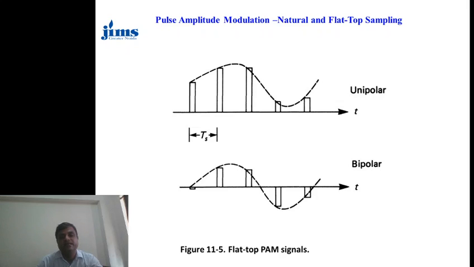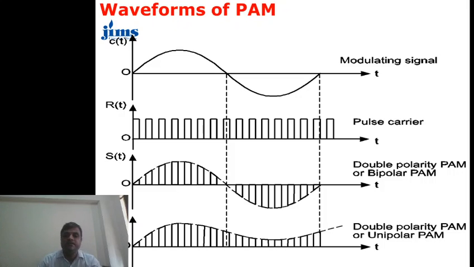Then these are basically the representation of the signal. If the signal is like this, then we call it unipolar because it is in one plane. If it is in both planes, then it is called bipolar. Then again it is the waveform representation of the modulation signal. So C is our information, that is called the modulation. Then our carrier signal, in this PAM case of pulse modulation, is called the pulse carrier.